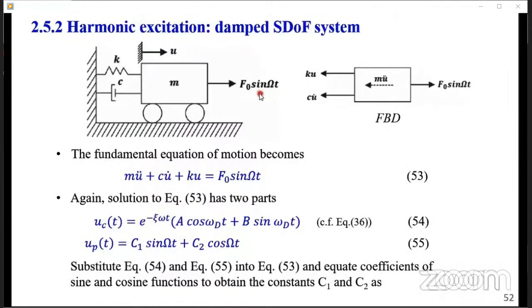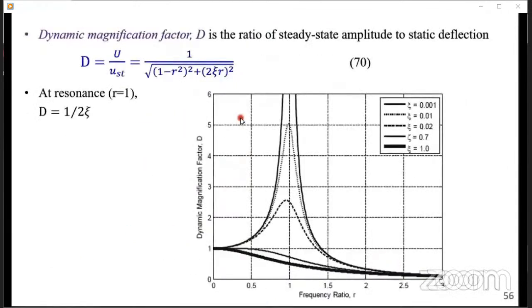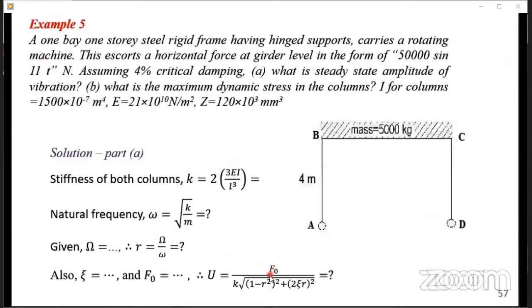It's not F naught is equal to F naught sine omega t.